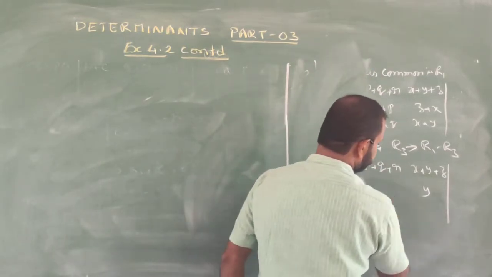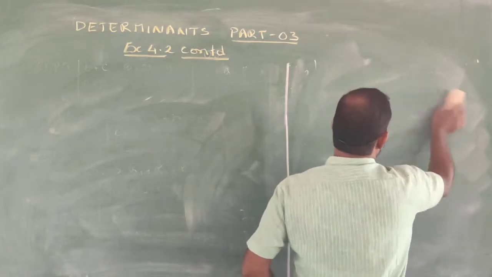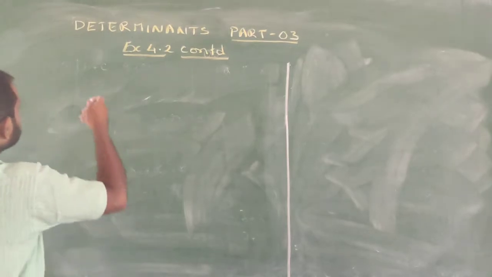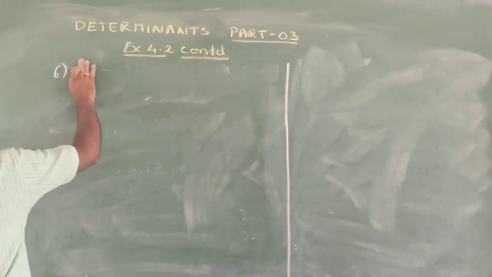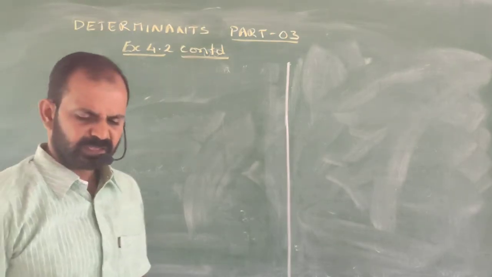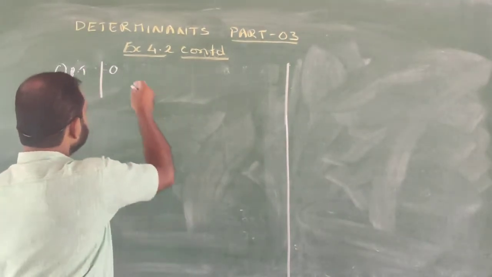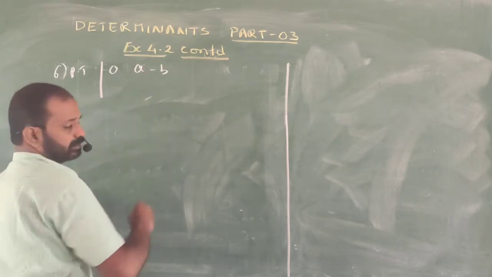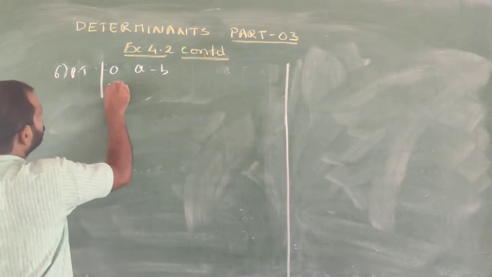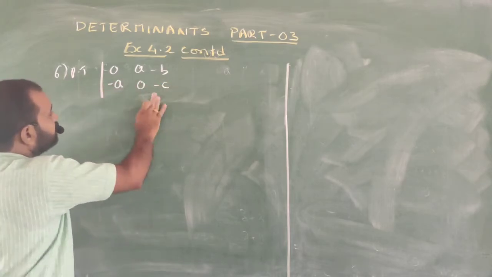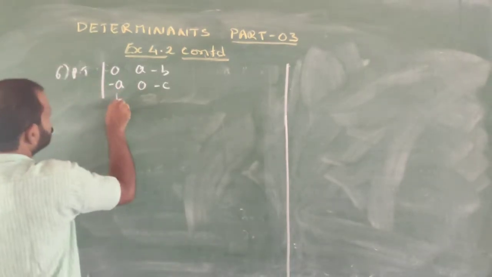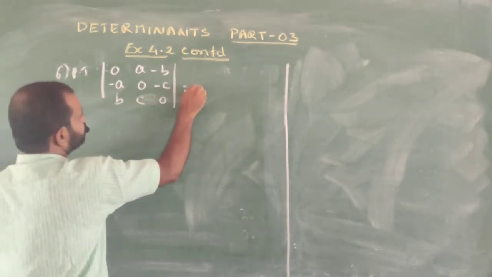Let me see both, with and without applying the property, for the sixth problem. Prove that the determinant with first row 0, A, minus B, second row minus A, 0, minus C, and third row B, C, 0 is equal to 0.